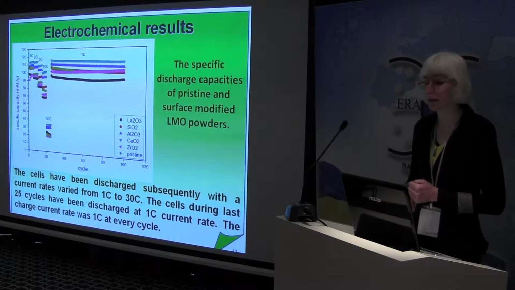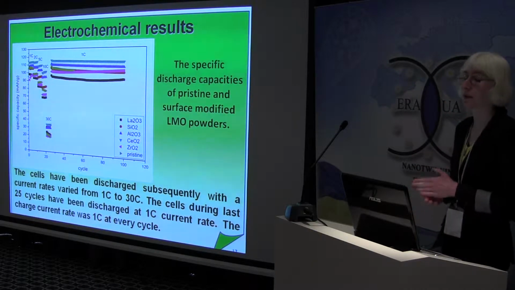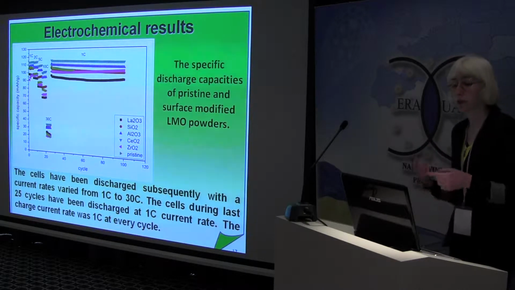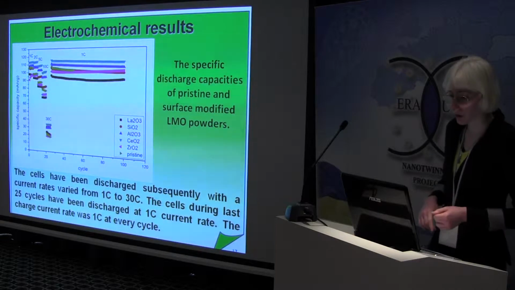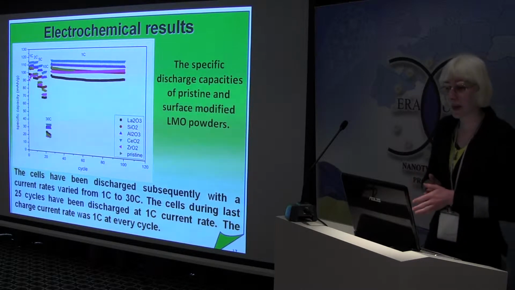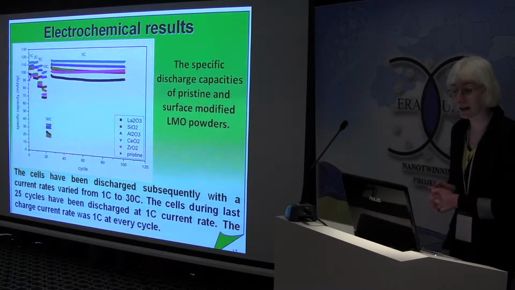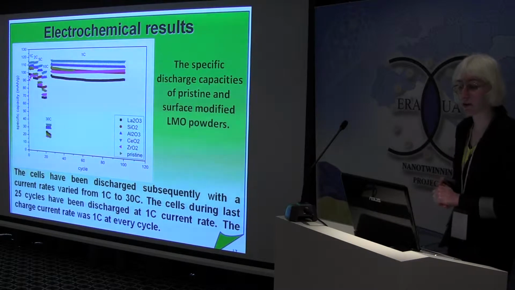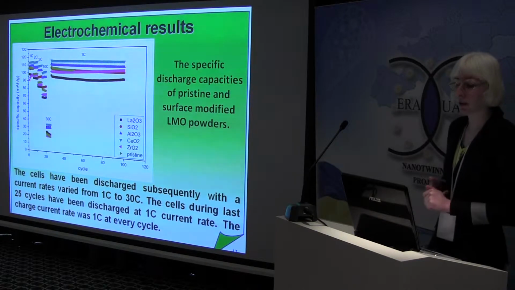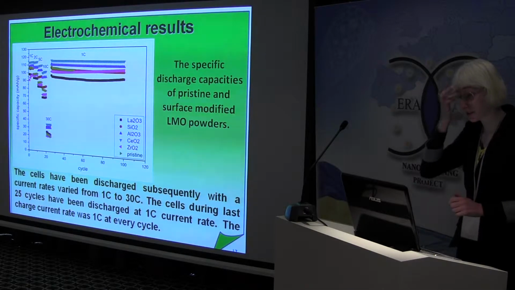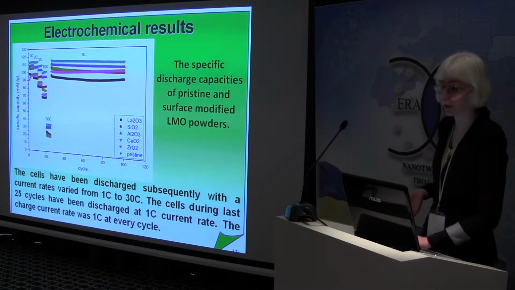So you can see that the best specific discharge capacities we obtained for lithium manganese oxide modified with aluminium oxide, and it was 109 milliampere-hours per gram, and 140 for lithium manganese oxide modified with cerium dioxide.